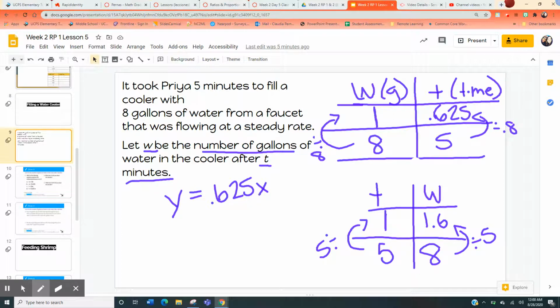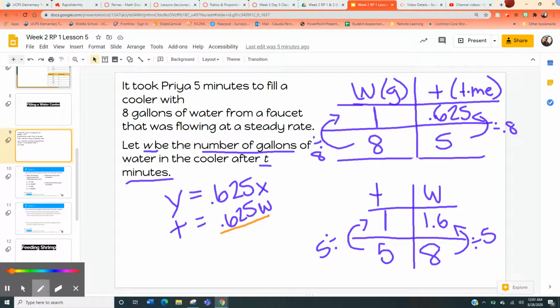If I were to fill it in with the letters in my table, I would have T equals 0.625 W. So this right here tells me it takes 0.625 minutes per gallon.